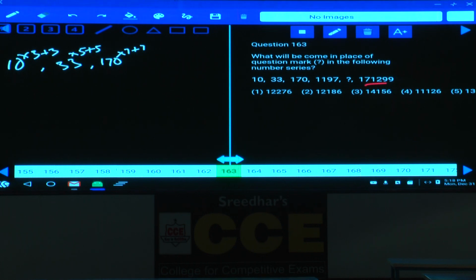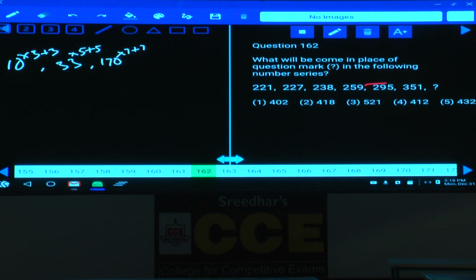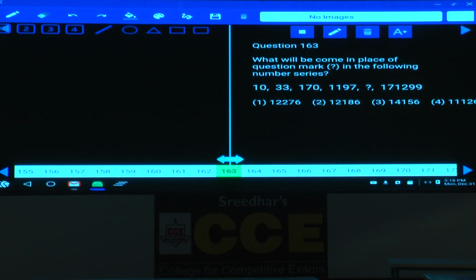Now into 3 plus 3, into 5 plus 5, into 7 plus 7, and the next one is into 11 plus 11 should be the number. Just a minute. Now 10 into 3, because there are two possibilities we can apply here.